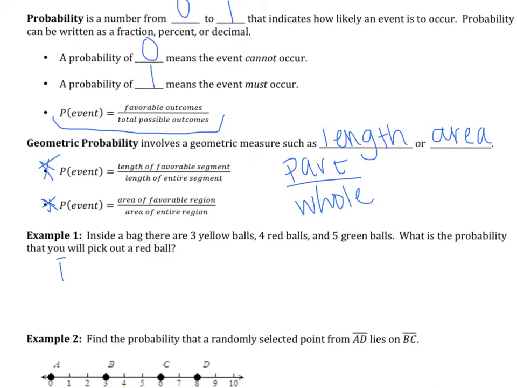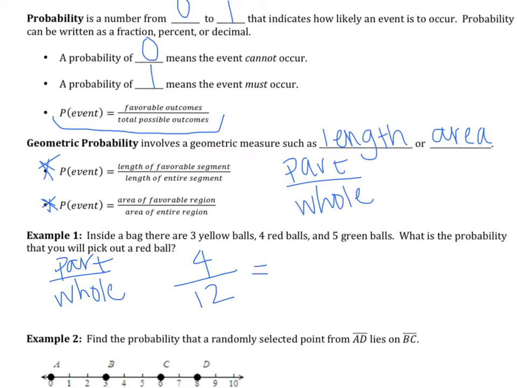Okay, we can still do part over whole though, where the part is what we want. We want to pick out a red ball, and there are 4 red balls, so that goes on top. The whole is how many total balls there are, which is 3 plus 4 plus 5, which is a total of 12.